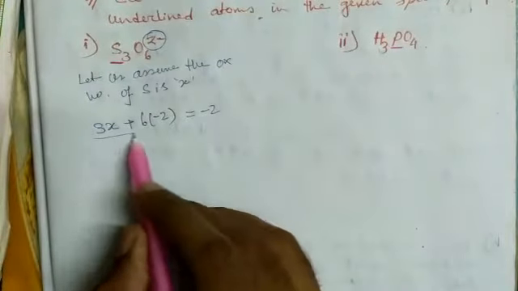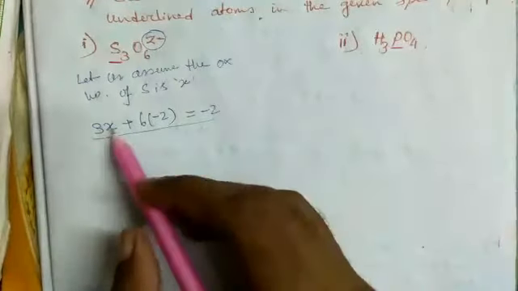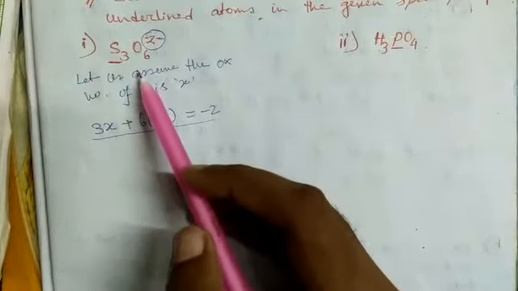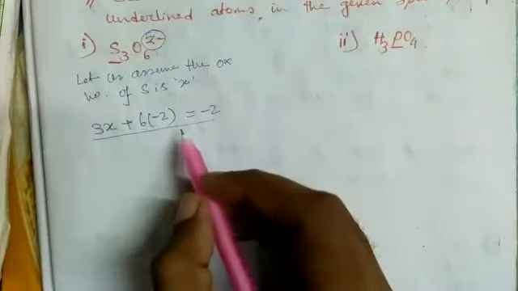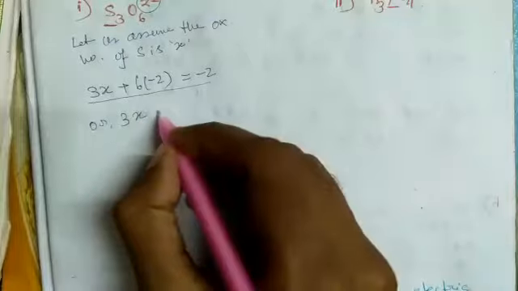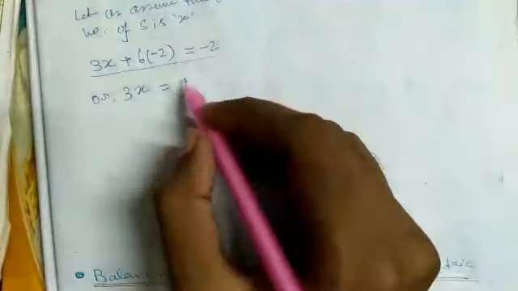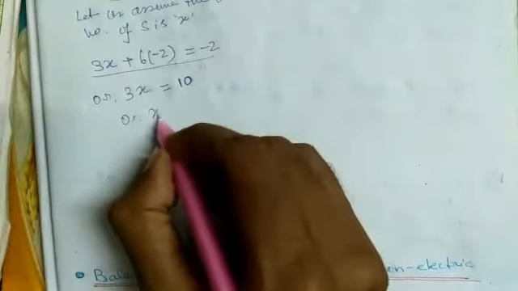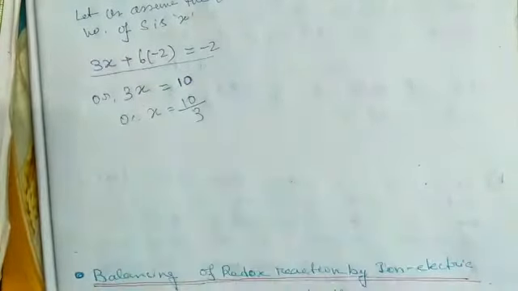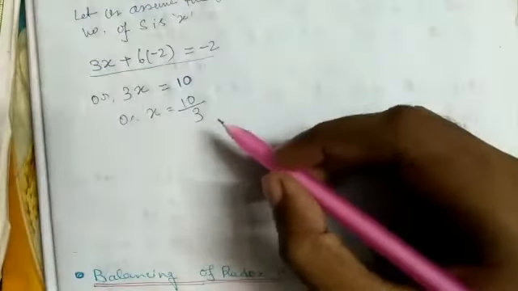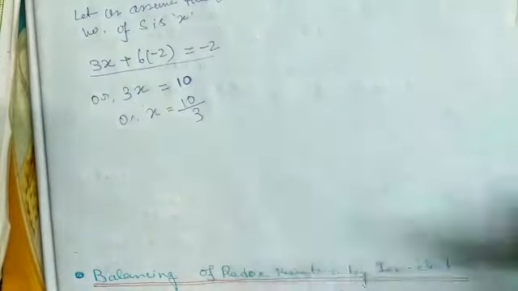This is an algebraic equation, so by solving it we can get the value of X, that is the oxidation number of sulfur in the given species. From here we can see that the oxidation number of sulfur is 10/3, that is, it is a fraction, not a whole number.